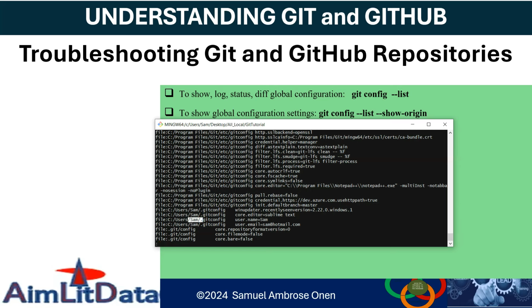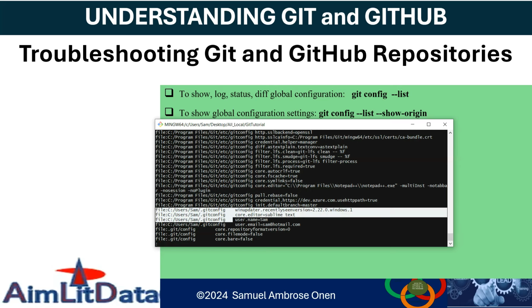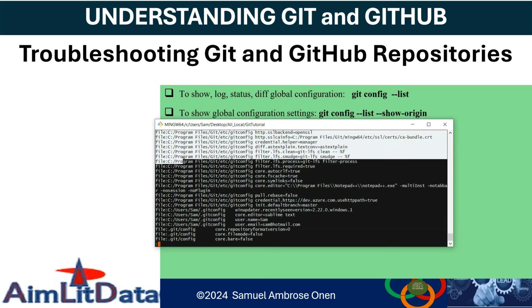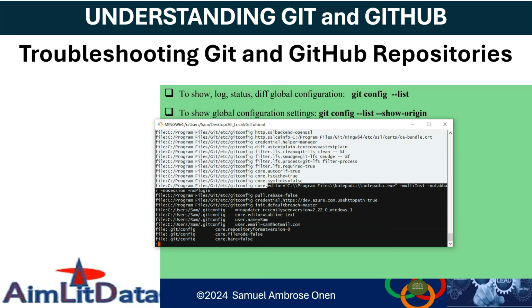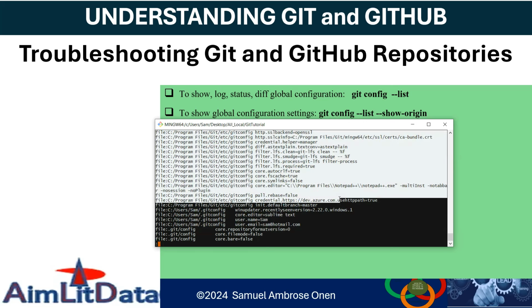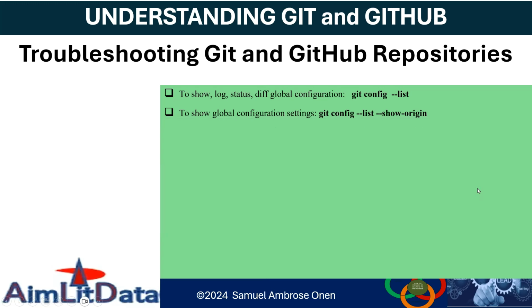So this is the global scope of Git, and then anything from here going up, everything is the what? Is the system scope, my friend. So that's how to identify the scope and to check on the setting in the system by using git config list.